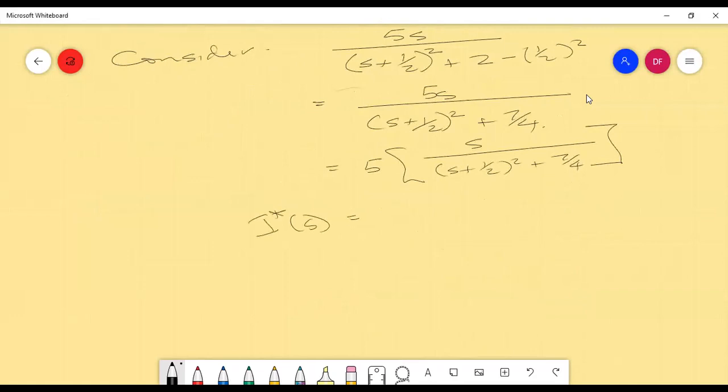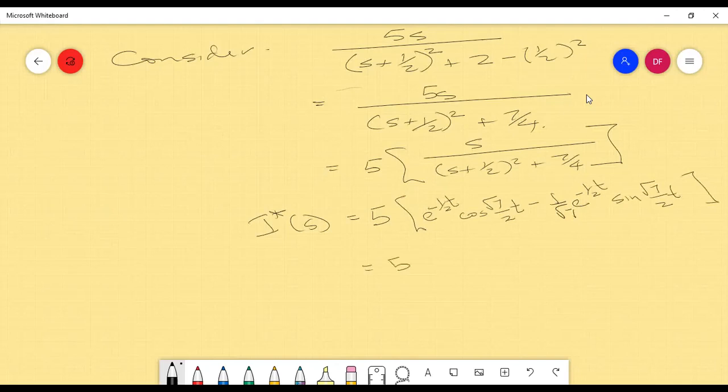It is 5 times the thing that we just worked out. So I'll put a bracket: e to the minus a half t cosine root 7 over 2t minus 1 over root 7 e to the minus a half t sine root 7 over 2t.